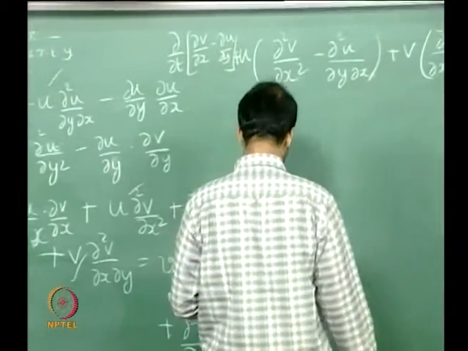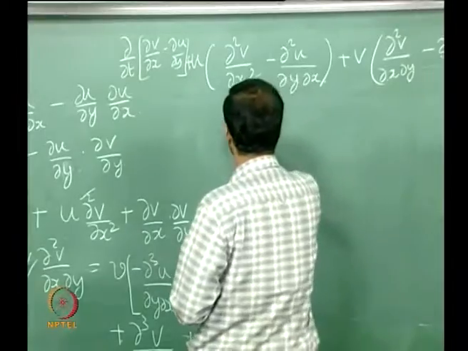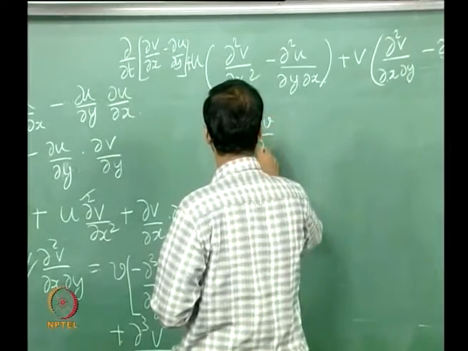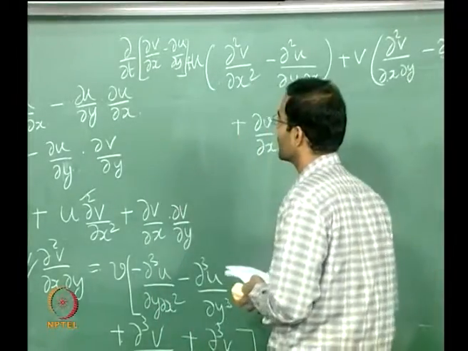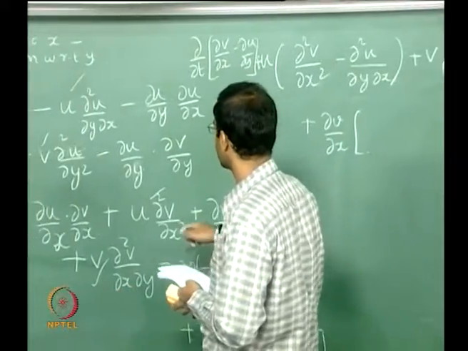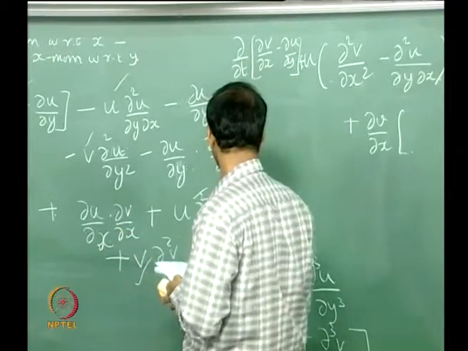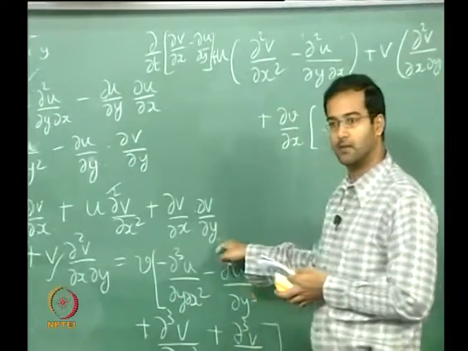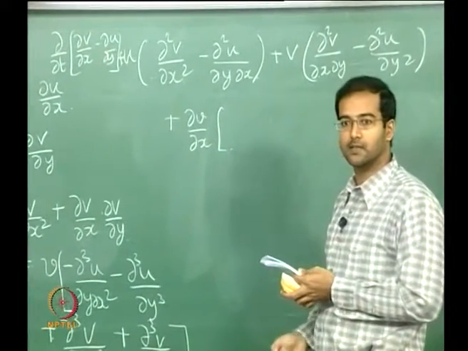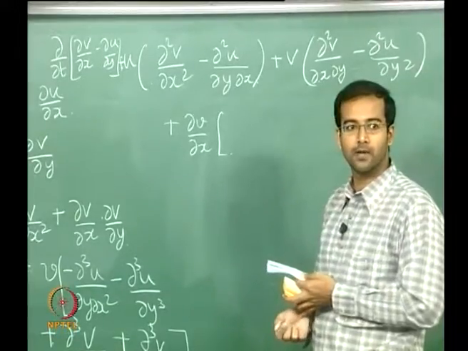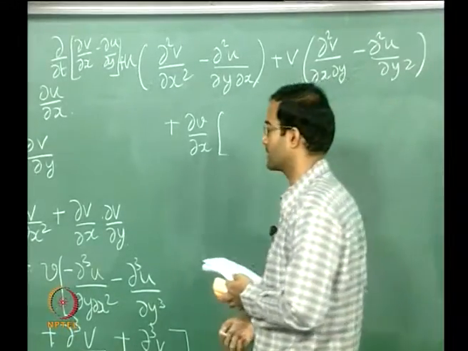So I am going to take dv by dx common. If I take dv by dx, that means this common, so du by dx plus dv by dy, which is nothing but two dimensional continuity, which is automatically satisfied.